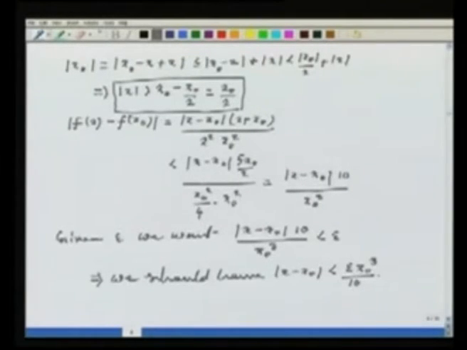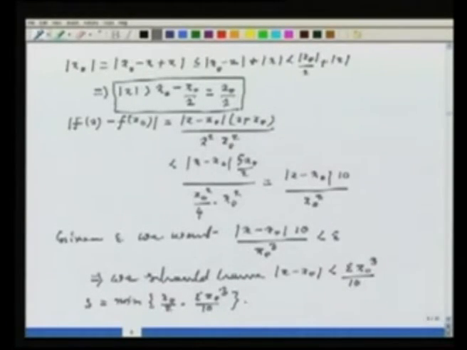So now what is the delta I am going to choose? Certainly the choice is obvious. I choose delta equal to the minimum of x naught by 2 and the quantity epsilon x naught cube divided by 10.